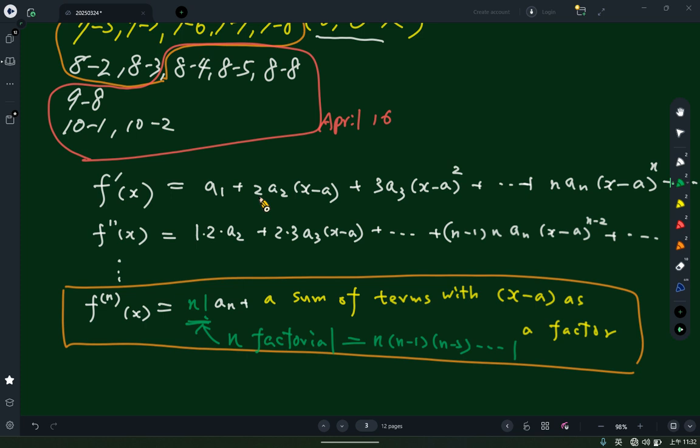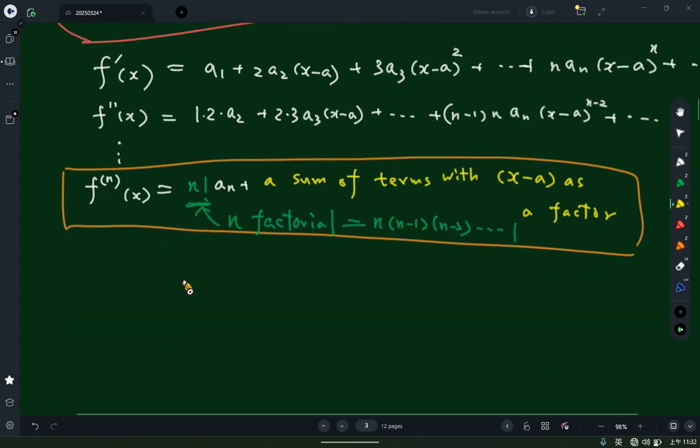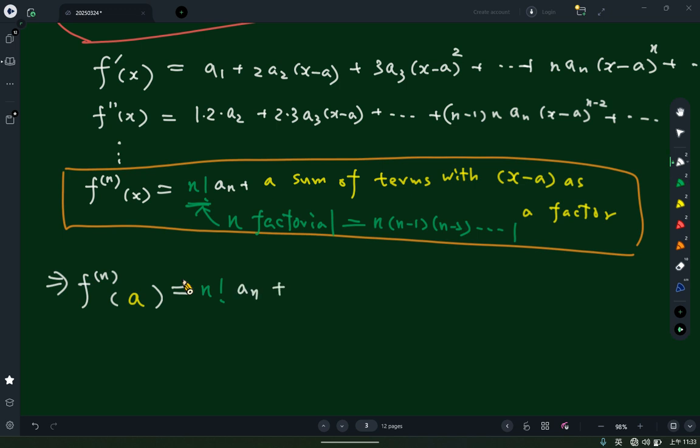So if we just differentiate f of x n times and use a as an input, you can see we get n factorial an plus 0.